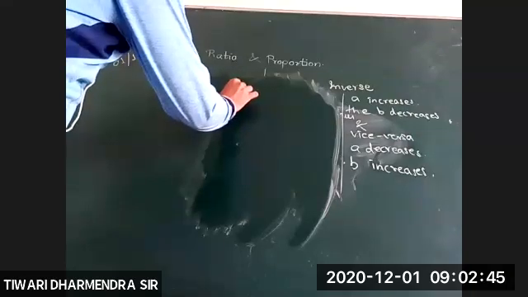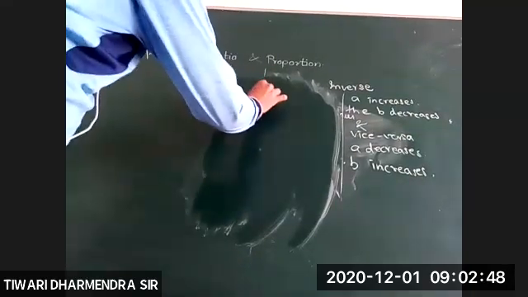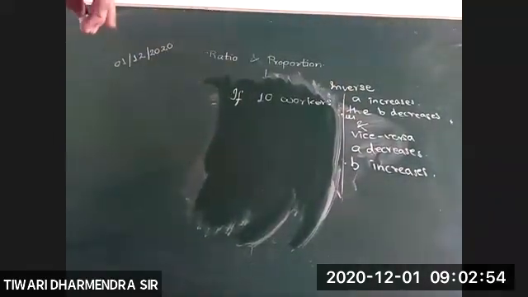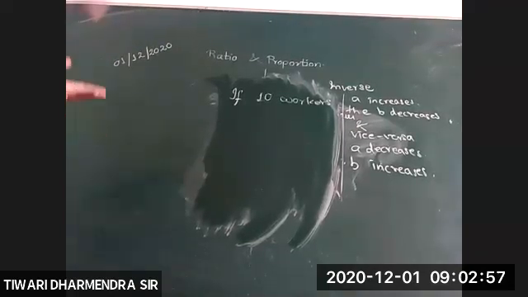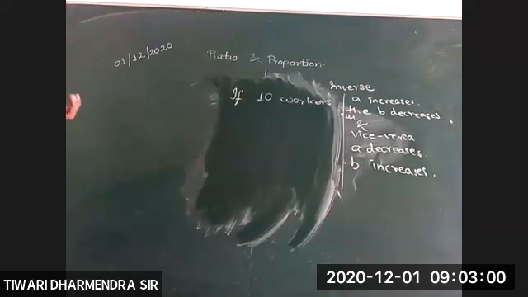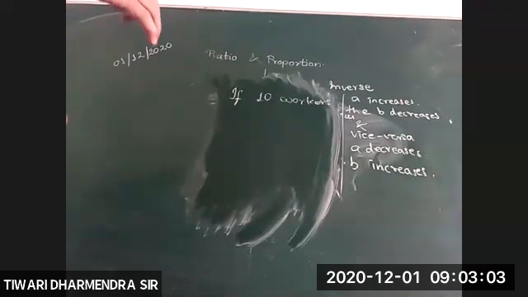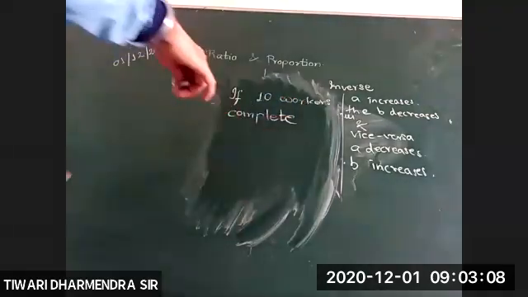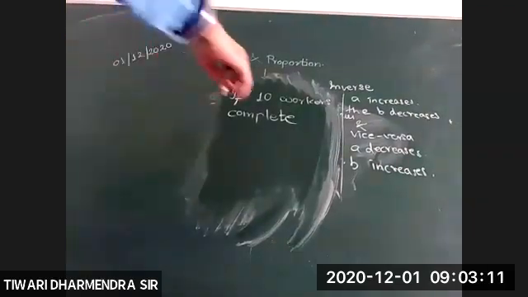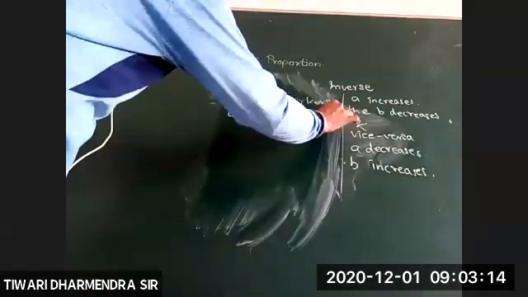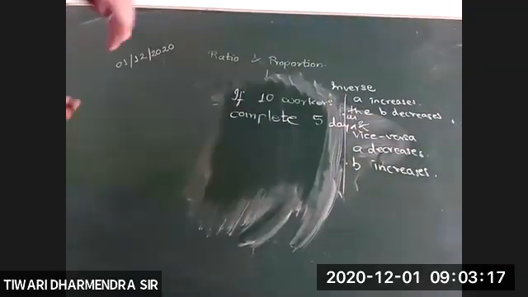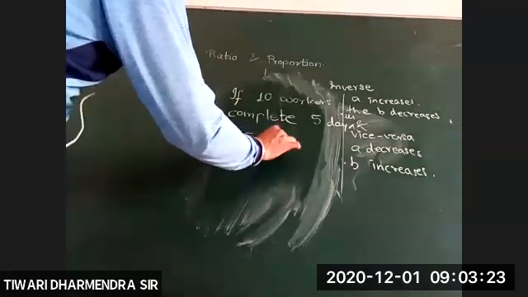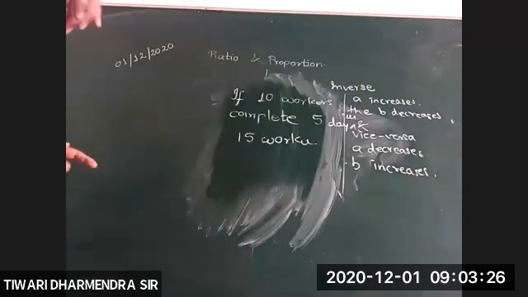Say if 10 workers, all of you know, are constructing our houses in chawls or in buildings, in the construction line. If 10 workers complete any given work in 5 days, then how much time will 15 workers take to complete the same work?